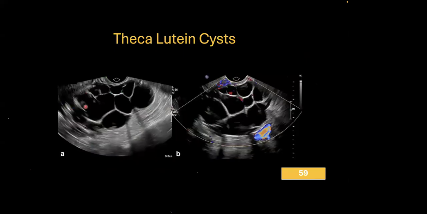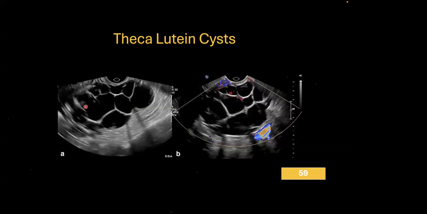Okay, theca lutein cyst. And we had discussed it is associated with gestational trophoblastic neoplasm. Don't get confused with ovarian hyperstimulation syndrome, because the stroma is not there.